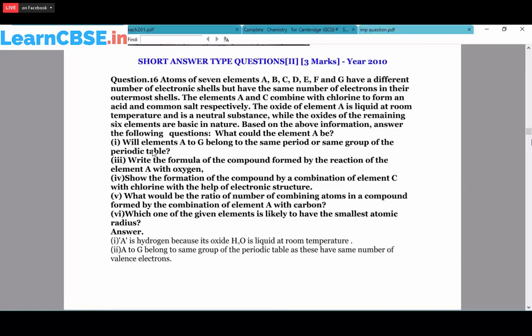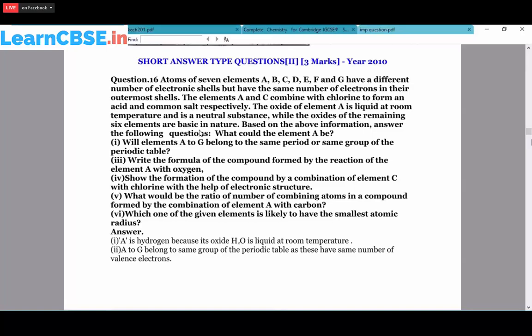Now, will elements A to G belong to the same period or the same group of the periodic table? The first question is what could be the element A? The element A can combine with chlorine and forms an acid. Always, metals form only basic oxides, and non-metals form acidic oxides. The oxide of the element A is liquid at room temperature and is a neutral substance, while the oxides of the remaining six elements are basic in nature.